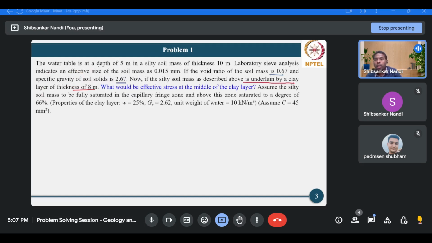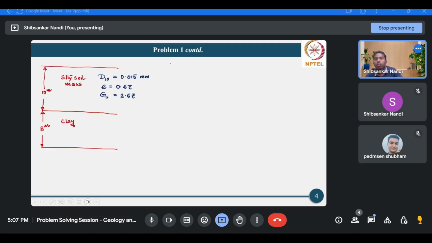In addition to that, the water table is at a depth of 5 meter in the silty soil mass. So there is one water table, encountered at mid depth of the silty soil mass. So this distance is 5 meter. This is the groundwater table.